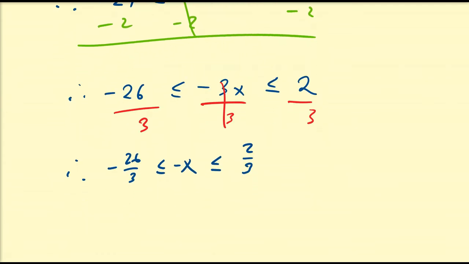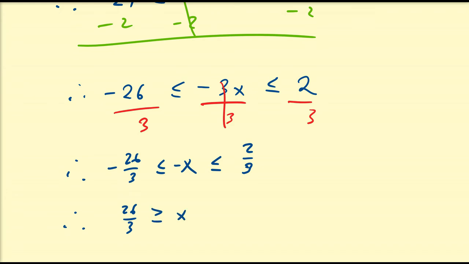And now I'm going to apply my negative inequality theorem. So if negative x is trapped in between these two numbers, I can take away the negative and flip the entire inequality around to say that negative 26 thirds is going to be, so the positive of that is going to be greater than or equal to positive x.